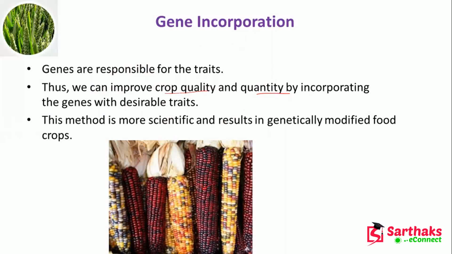So we are just adding the two properties of this, and then we are making another good quality crop. So genes are responsible for the traits. Now what we are doing, we are going to improve the crop quality and the quantity also by adding genes with desirable traits.